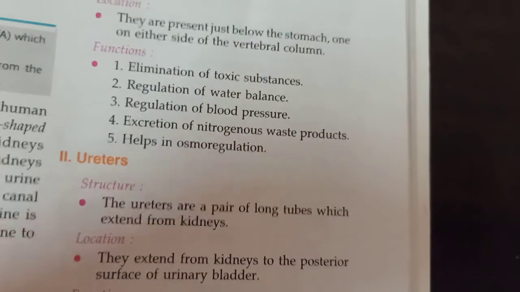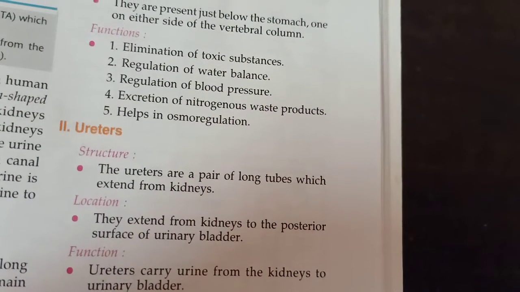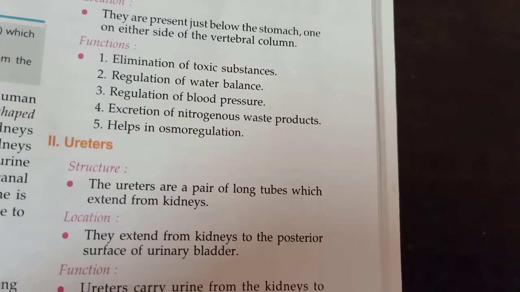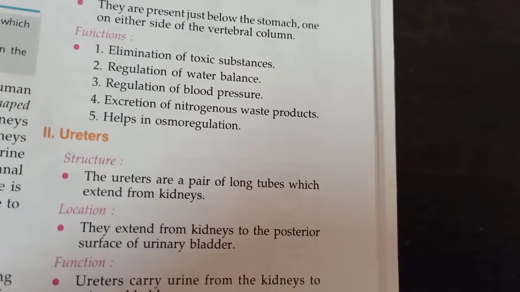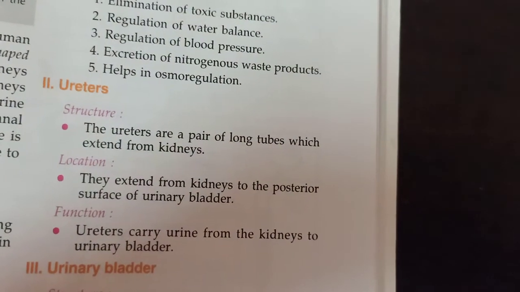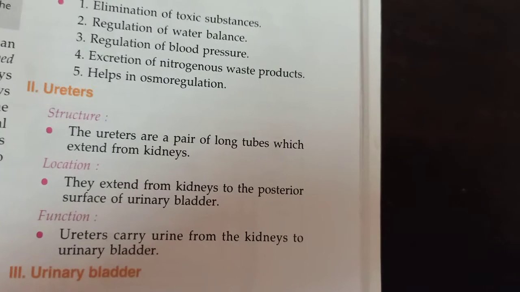Now ureters structure. The ureters are a pair of long tubes which extend from kidneys. Location, they extend from kidneys to the posterior surface of urinary bladder. Now the function of ureter. Ureters carry urine from the kidneys to the urinary bladder.